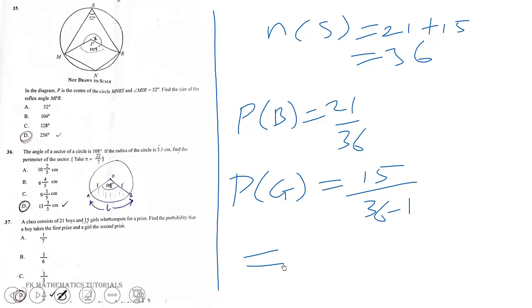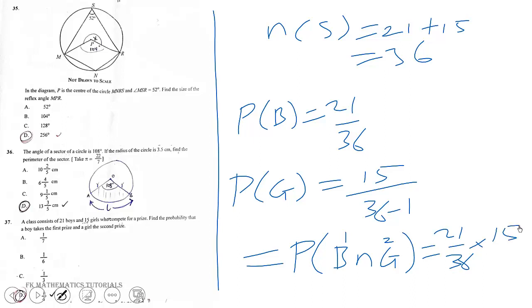So probability that a boy takes the first and a girl takes the second will be equal to 21 over 36 times 15 over 35.